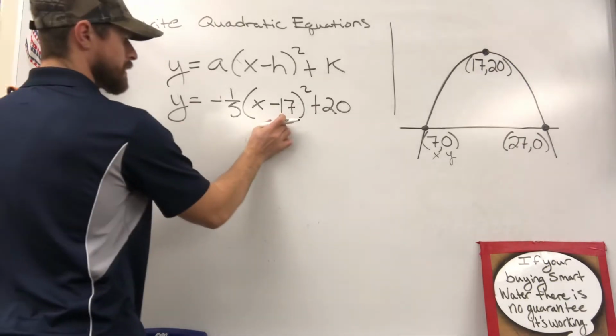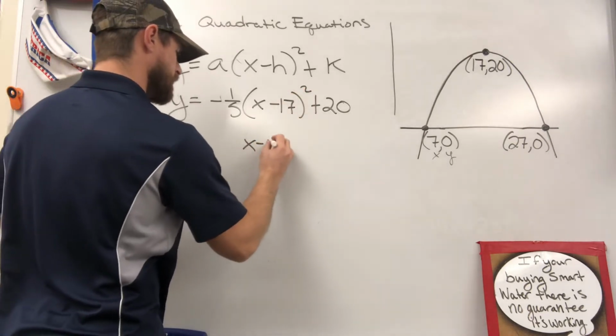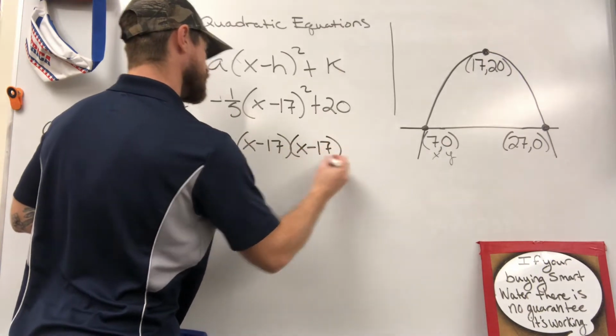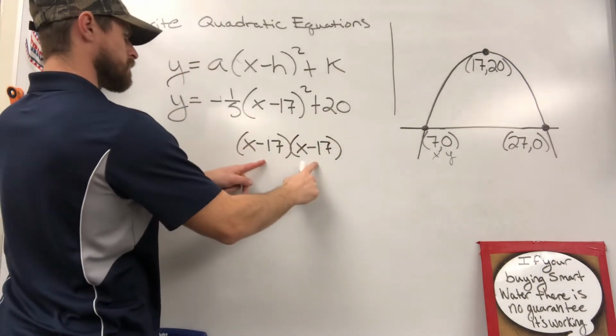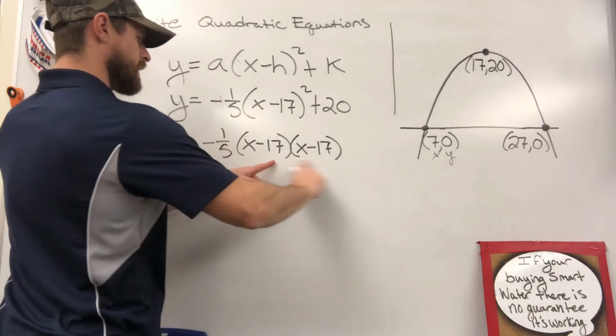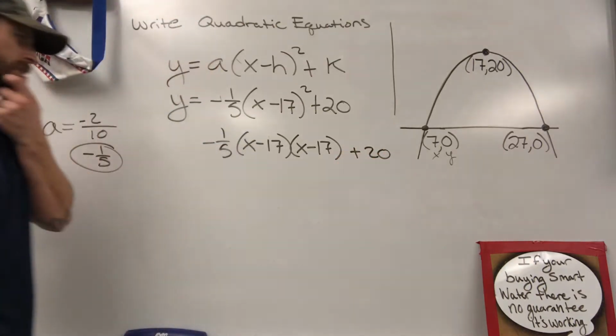So first thing I'm going to do is take x minus 17 and square it. So x minus 17 times x minus 17. I'll have to multiply negative 1/5 times whatever I get. I'll get a trinomial down here, and then we'll add 20 at the very end.